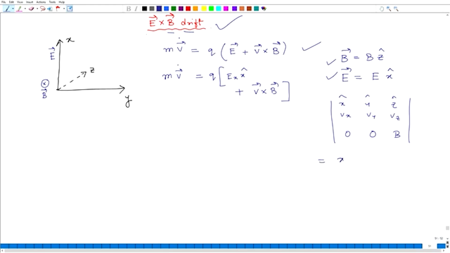The x cap component will be v y B, plus the y cap component will be minus v x B, and in the z cap direction there is no component of v cross B. So, I can write q times E x plus B v y. Instead of writing E x, I can simply write E.